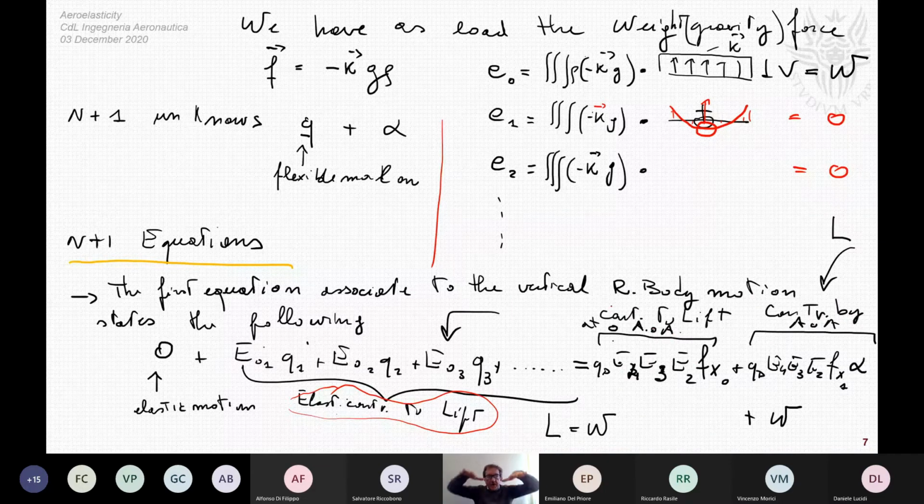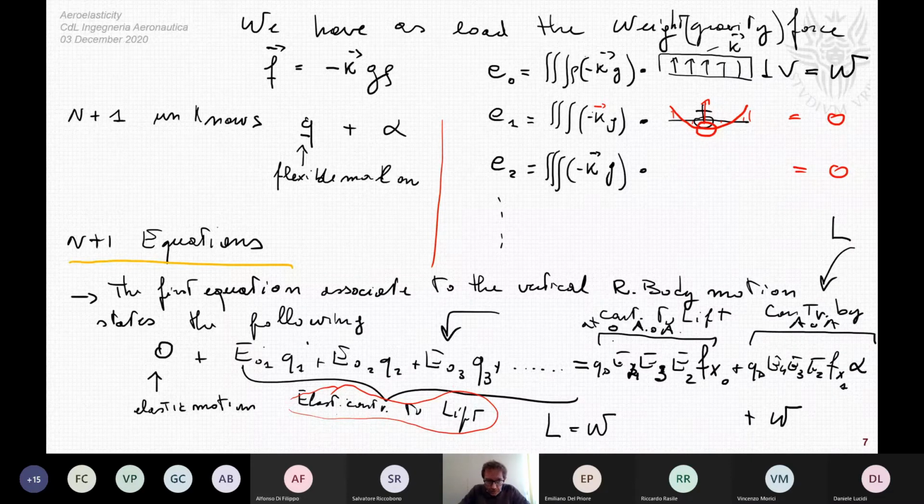So if you have zero angle of attack, you have in general a contribution to the lift. Typically this should be very, very close to zero. And then the contribution of the angle of attack as a rigid body, of course.